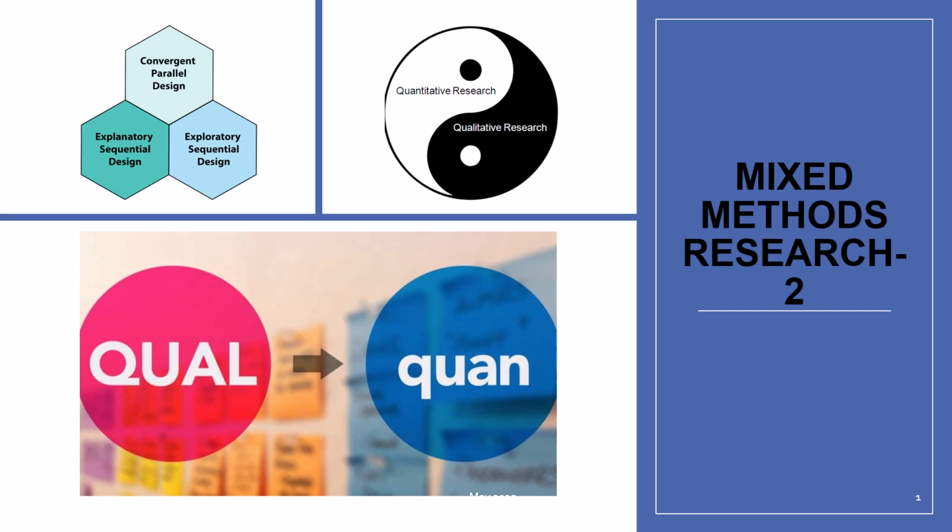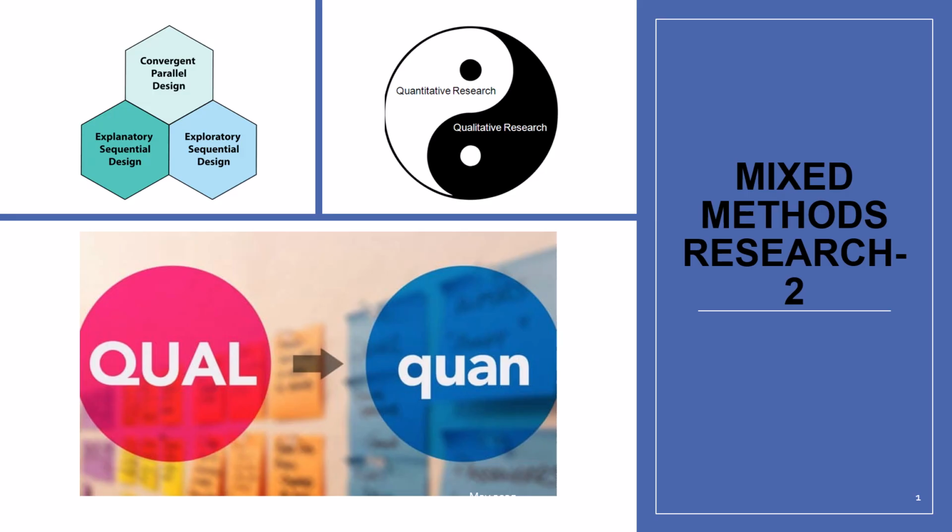Hello everyone. In the previous lecture, we started talking about mixed methods research. We mentioned that mixed method research can be considered by some researchers as the third methodological orientation other than quantitative and qualitative research.